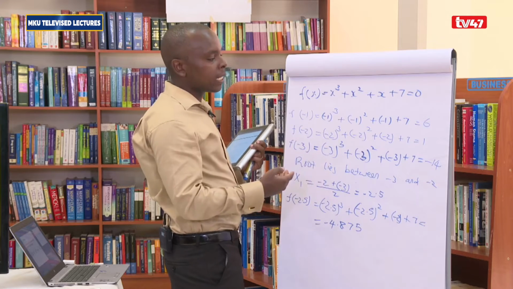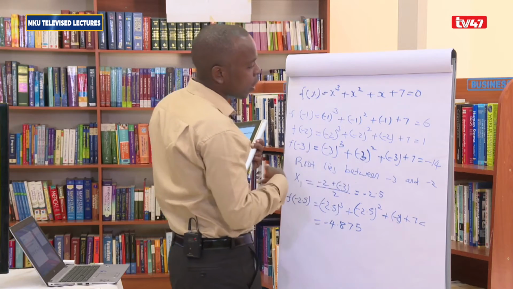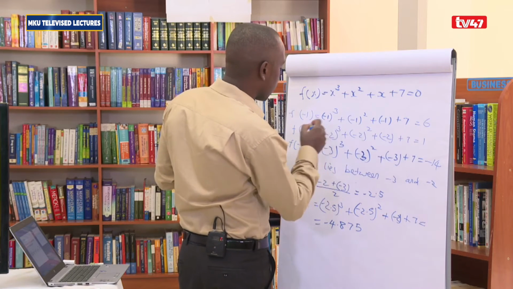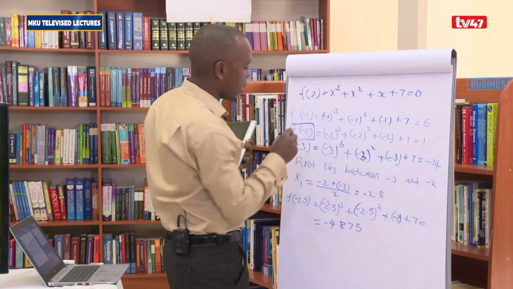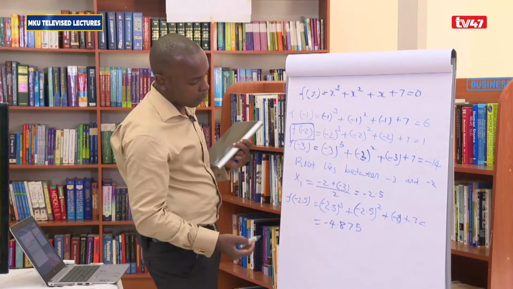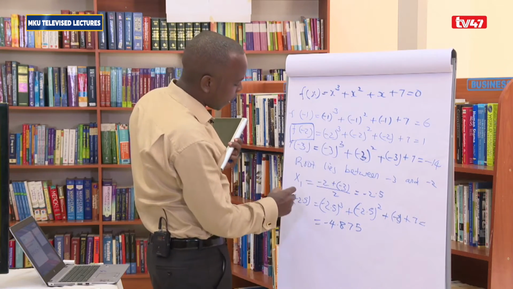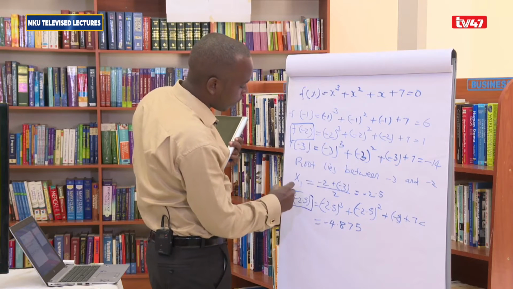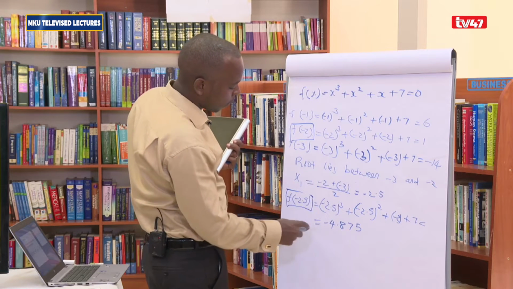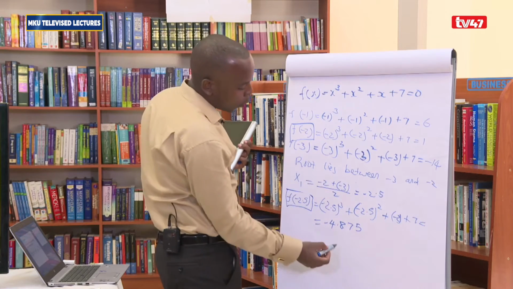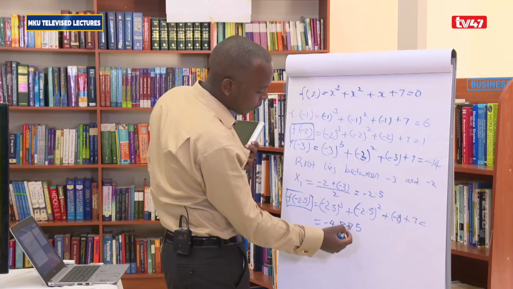So the root clearly lies between -2, because f of -2 gave us 1, and -2.5, which gives us a negative value.